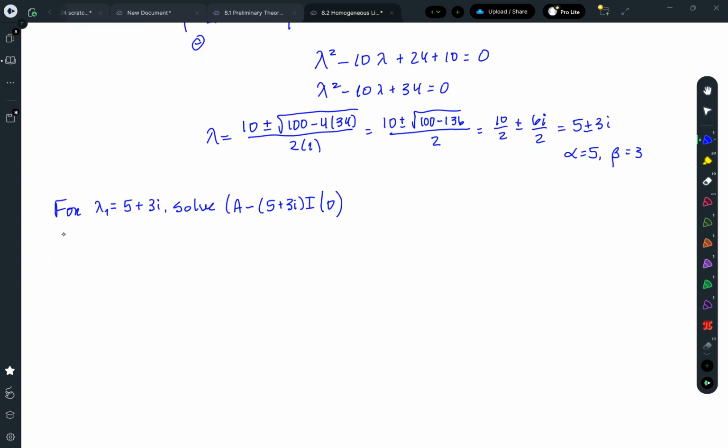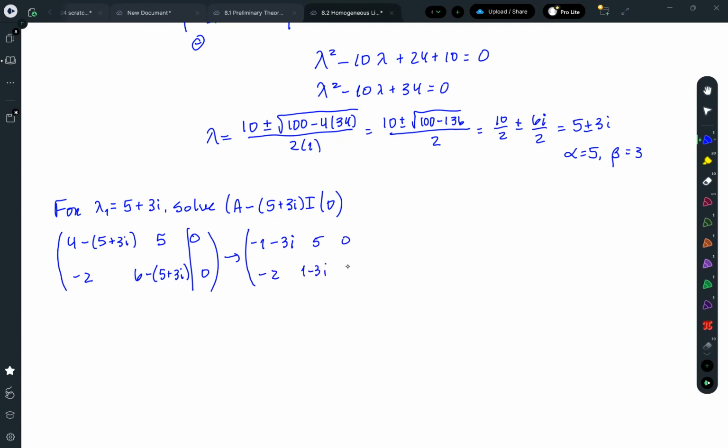All right, so I plug this into my A minus lambda I, and I get 4 minus, in parentheses, 5 plus 3i, a 5, and a 0. Second row, I get a negative 2, and I get a 6 minus, in parentheses, 5 plus 3i, and then a 0. Put my equal bar in. Now I simplify this. So then it becomes a negative 1 minus 3i, a 5, and a 0. I have a negative 2, and I get a 1 minus 3i, and a 0.